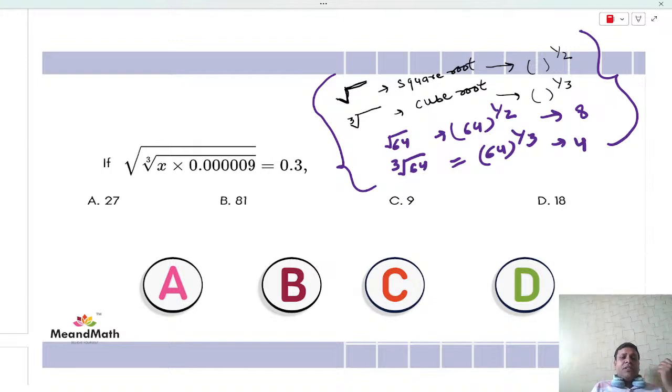If you want to remove the square root, then you have to square on both sides. If you want to remove cube root, then you have to cube on both sides.